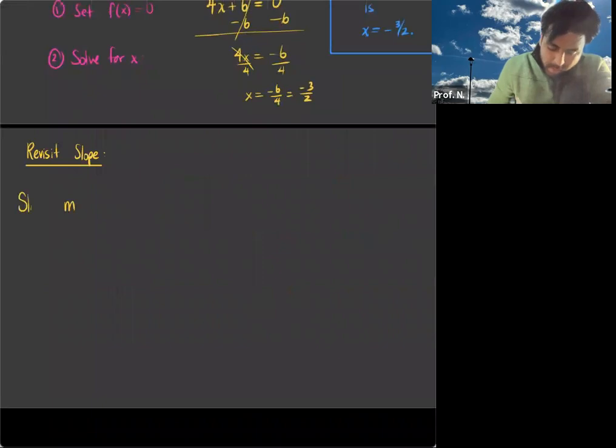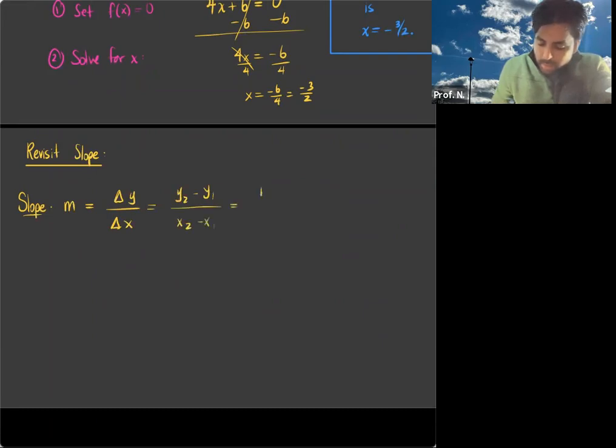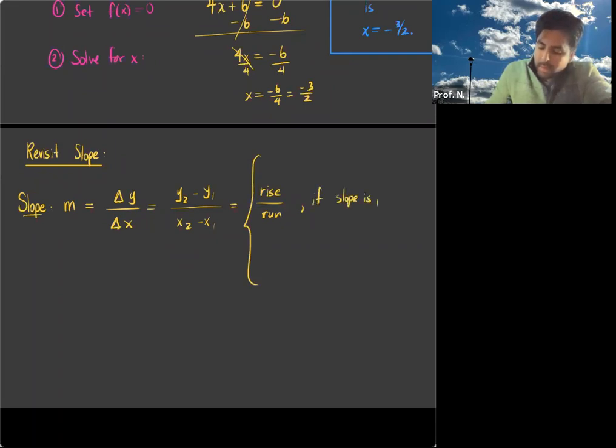Slope is given by the m value, which is the change in y over the change in x, which is y2 minus y1 over x2 minus x1. It could be rise over run, but that's if it's a positive number. So I'm just gonna write this as two separate things. So this is if slope is positive, but it could also be fall over run, and that's if slope is negative.